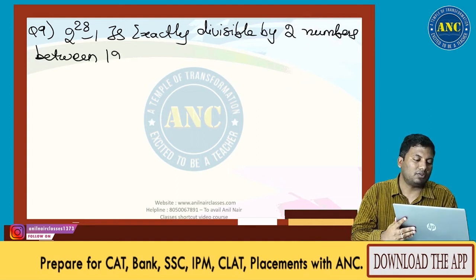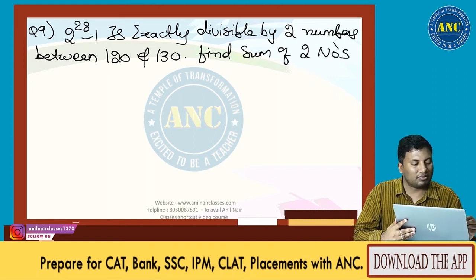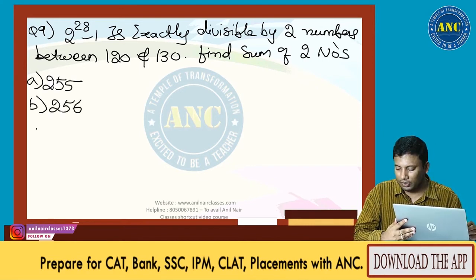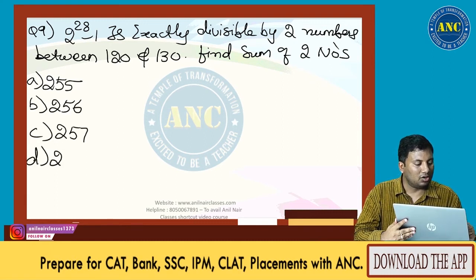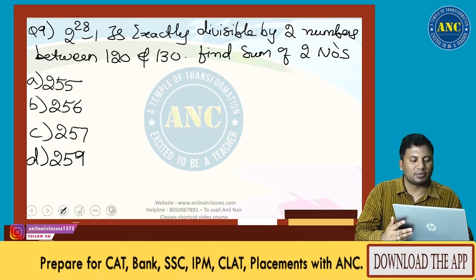Find the sum of the two numbers. Options are 255, 256, 257, 259. This is a very, very good question in terms of conceptual clarity.